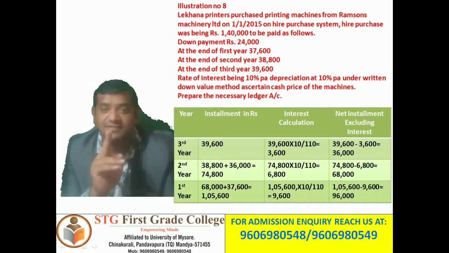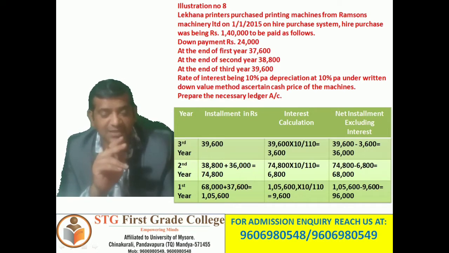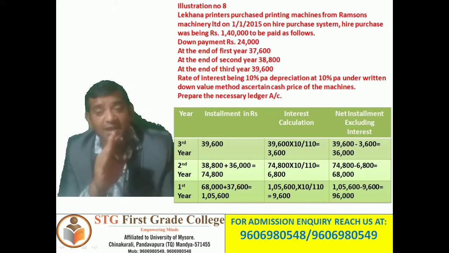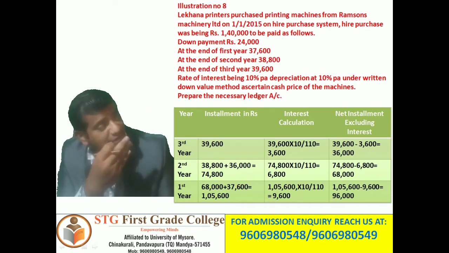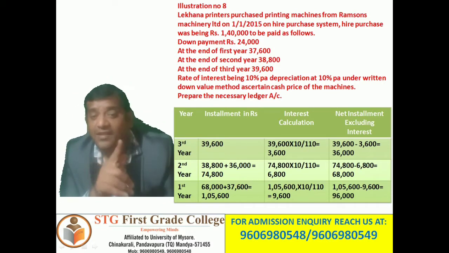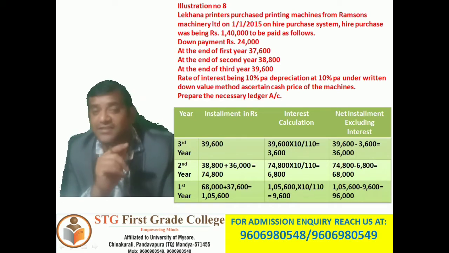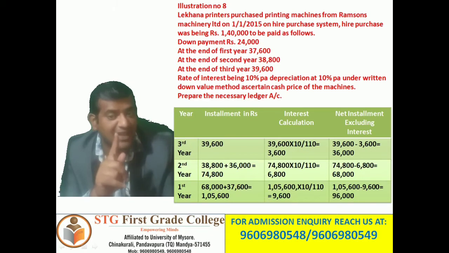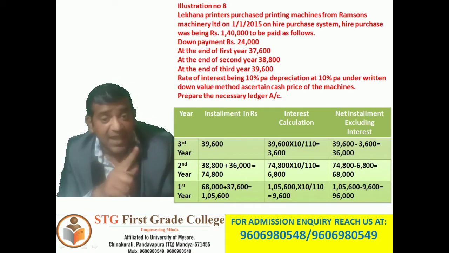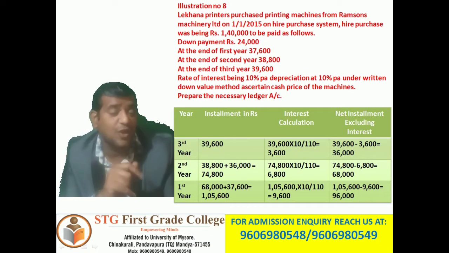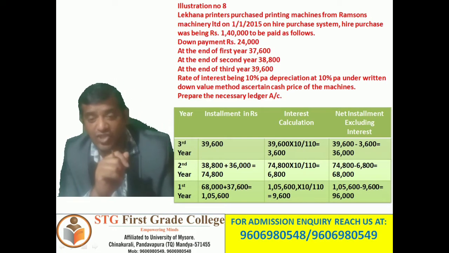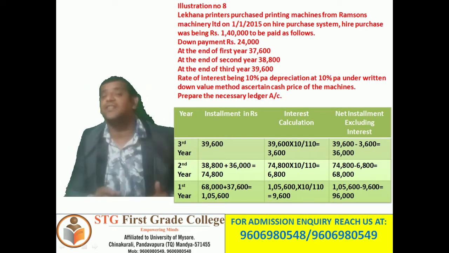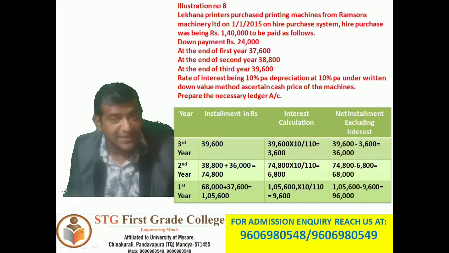Next go to the second year. 38,800 is the second year installment, plus what was the net installment in the previous year? Look at the annuity table: third year net installment 36,000. So 38,800 plus 36,000, put together you get 74,800 rupees.